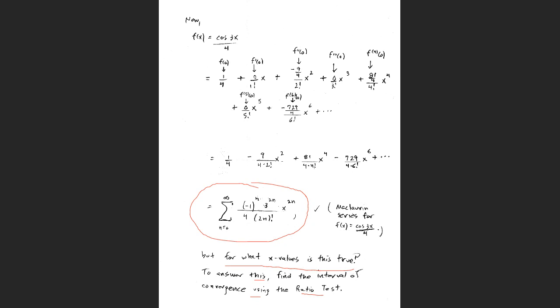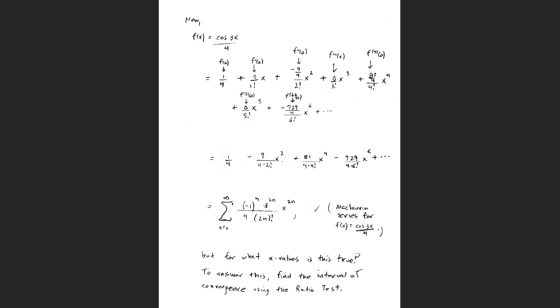Okay, here we go. We're going to use the ratio test to find the interval of convergence. So here is the nth term of the series. a sub n is equal to -1 to the nth power times 3 to the 2nth power times x to the 2nth power divided by 4 times 2n factorial. And now we're going to apply the ratio test.